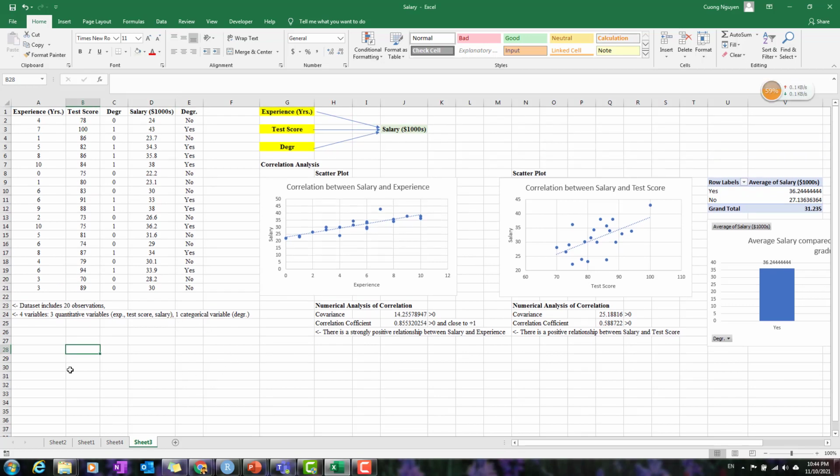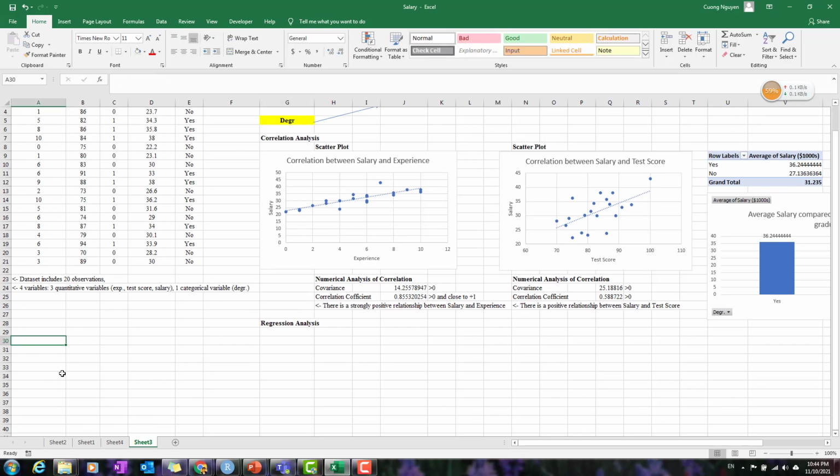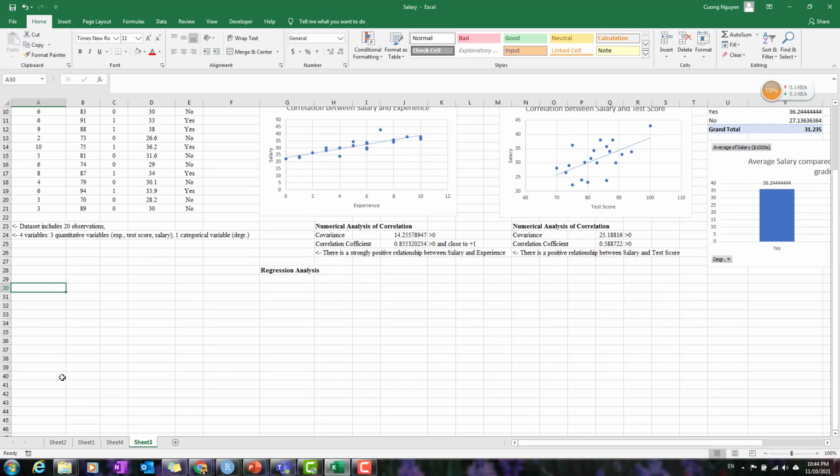Okay, so let's go and do the regression analysis. To do the regression analysis, I will try to answer three questions first. The first question: what does the model tell?